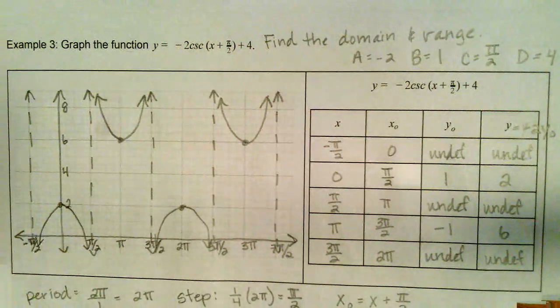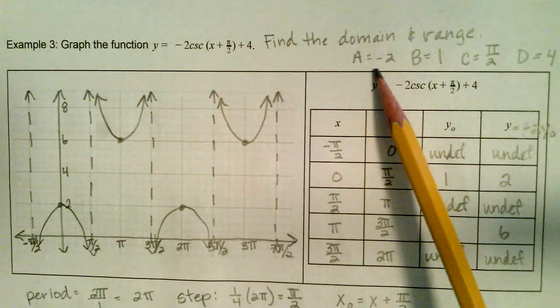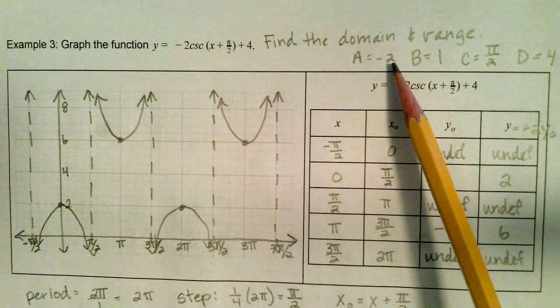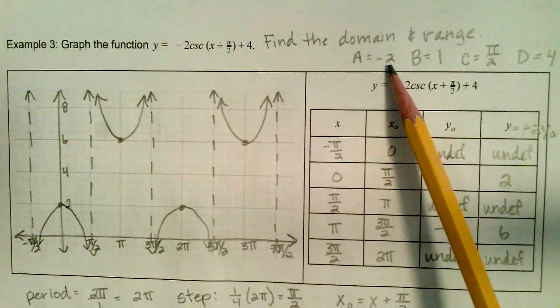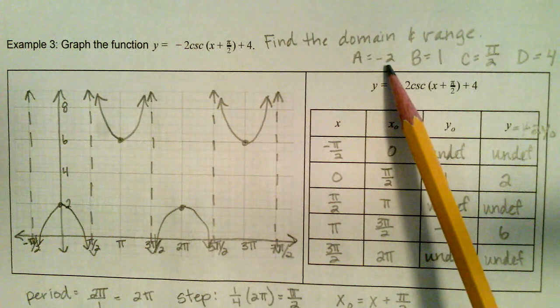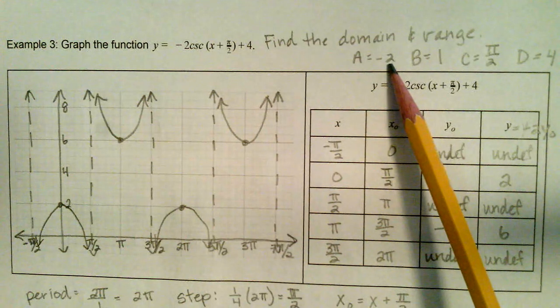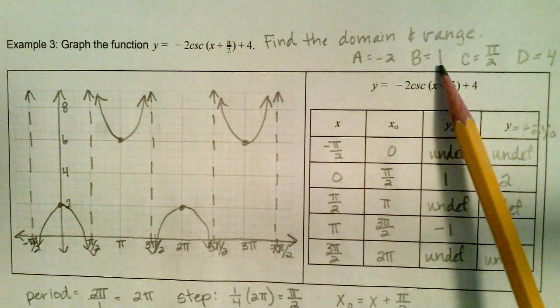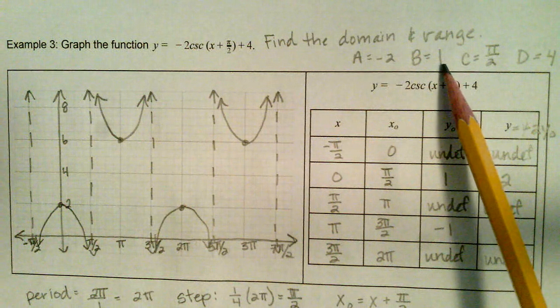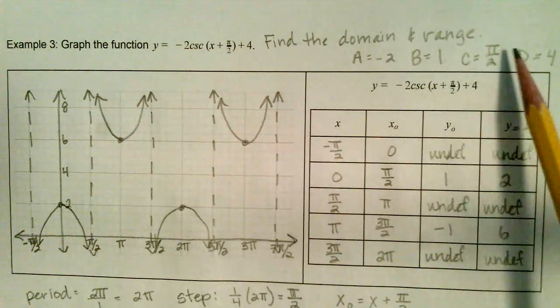For our last graph, we have a cosecant function. Here my A is negative 2, so that means I'm going to have a reflection over the x-axis, and I'm also going to have a vertical stretch. My B is 1, so that means I'm not changing my period.